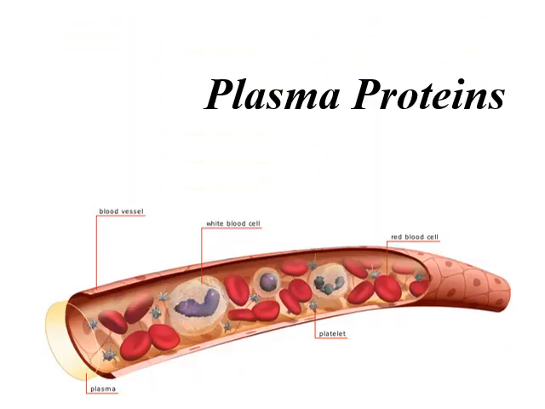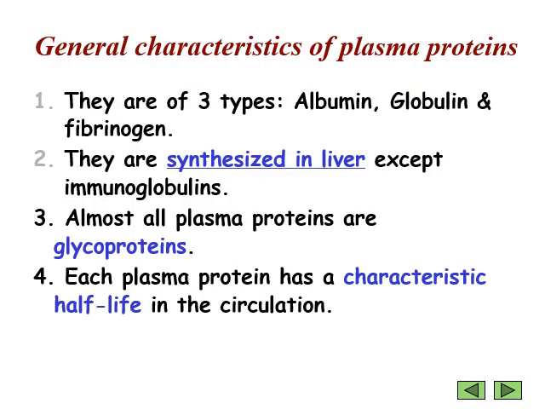Okay, now let's discuss plasma proteins, which are the major component of the plasma. There are different types of plasma proteins. What are the general characteristics of plasma proteins? There are three types: albumin, globulin and fibrinogen.